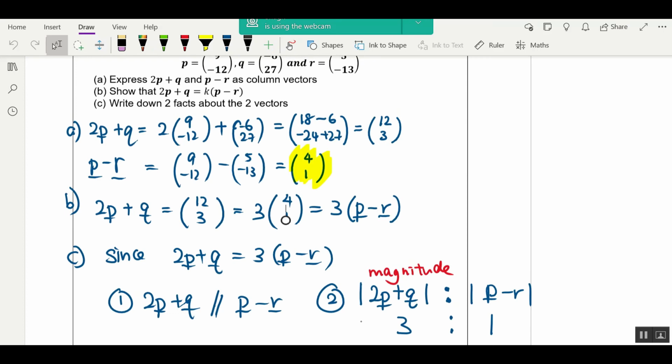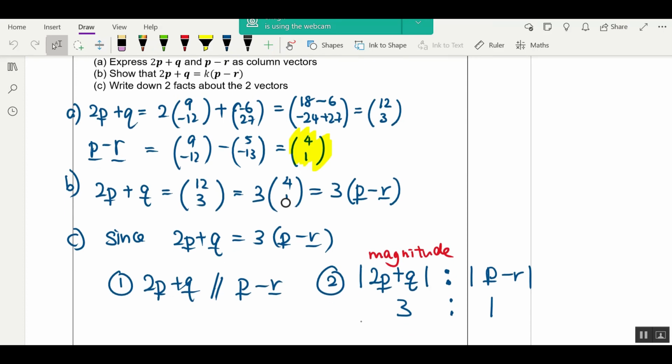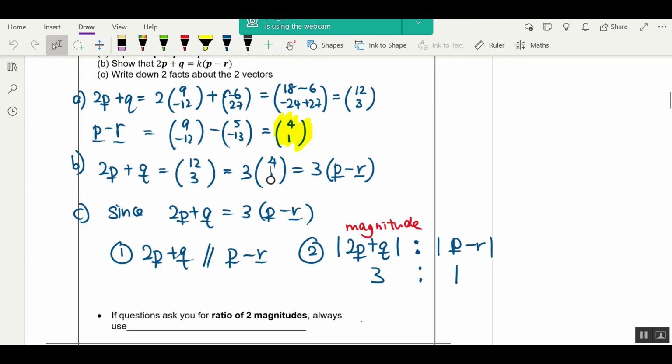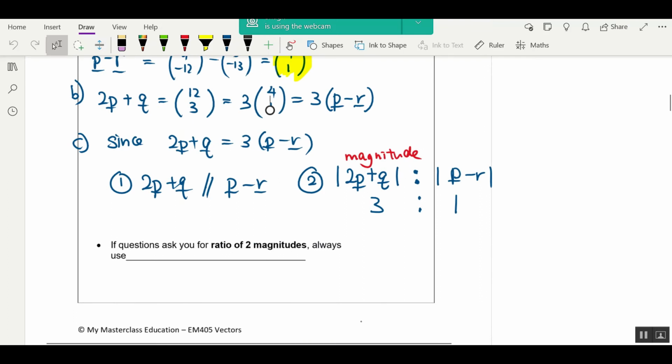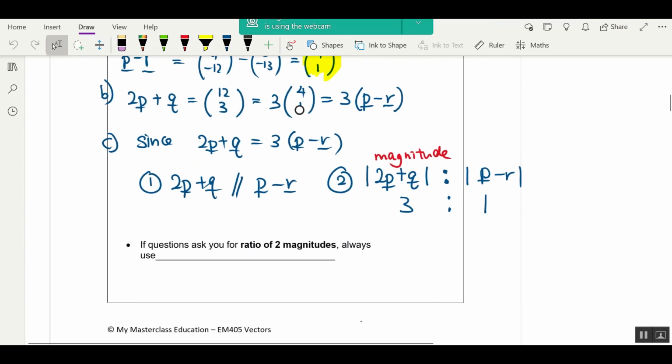Number two, the ratio of the magnitude is depending on how many times it is to the other vector. Okay, so which brings me to the conclusion of this second part. If the question asks you for a ratio of two magnitudes, always use the parallel property.